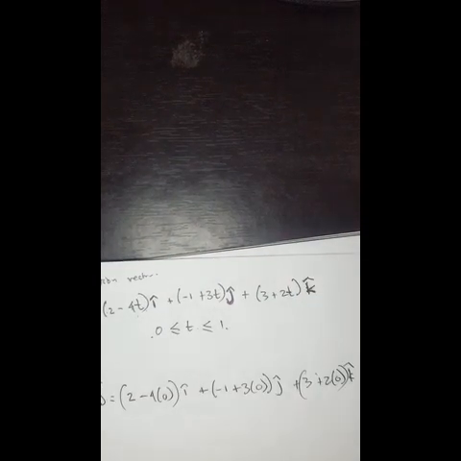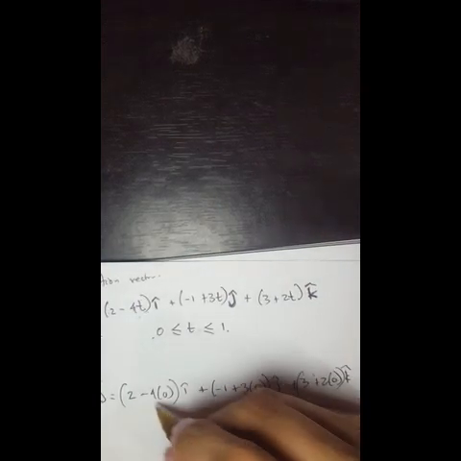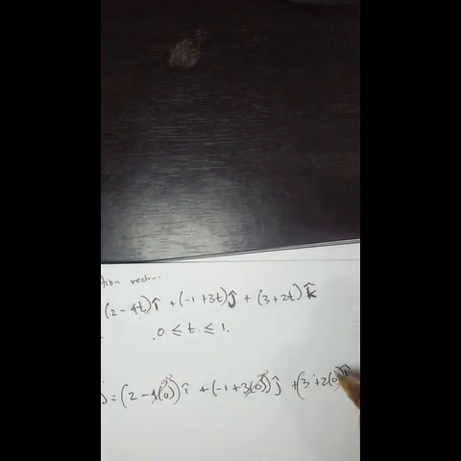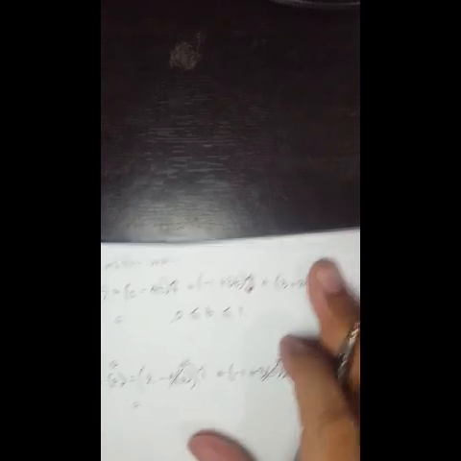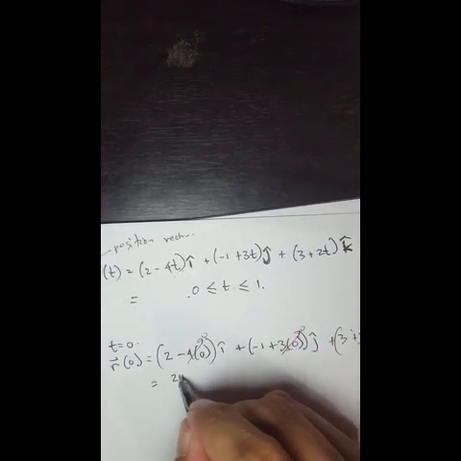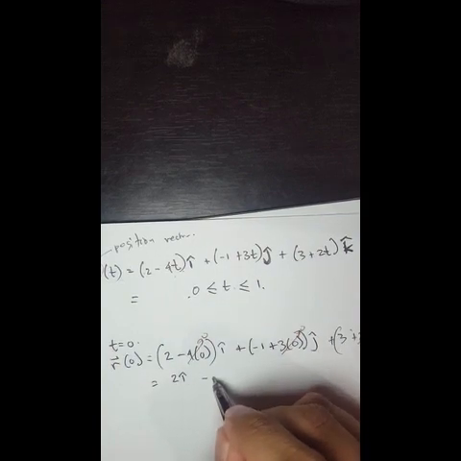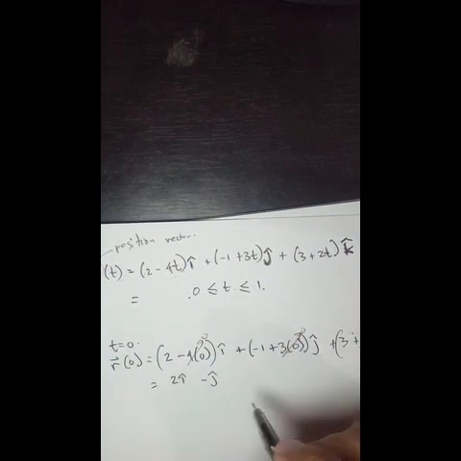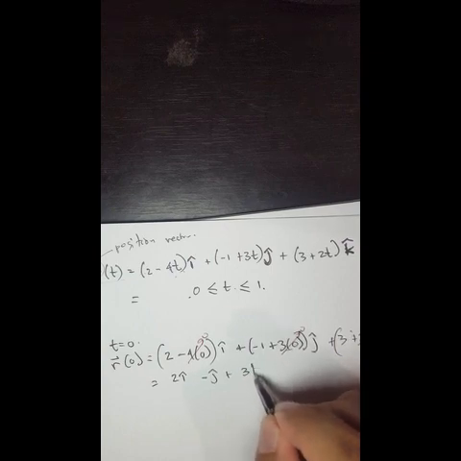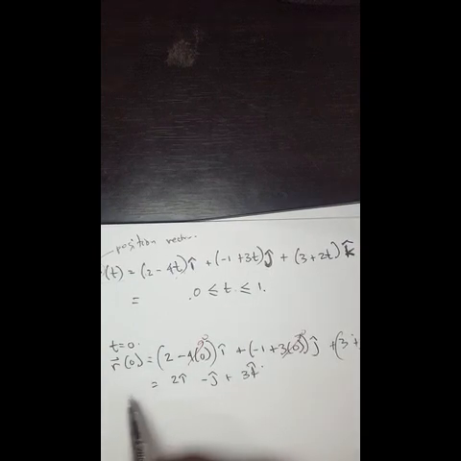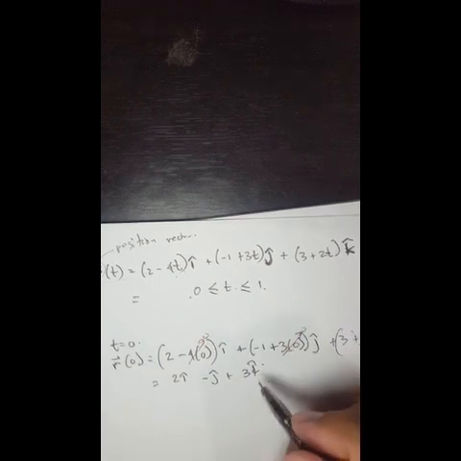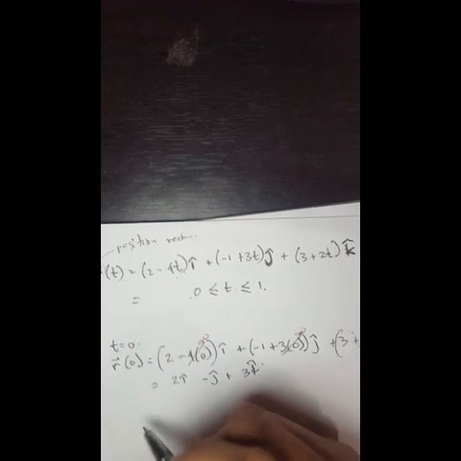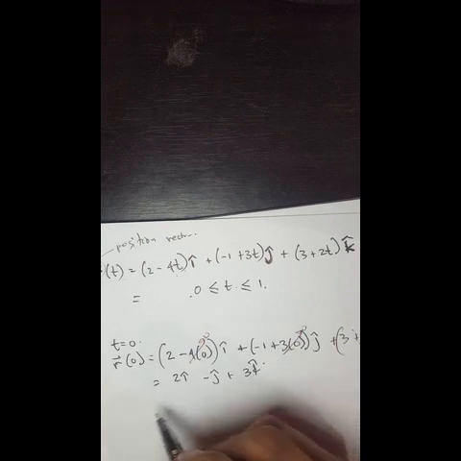Simplifying, the zero terms vanish and we get 2i minus 1j plus 3k. This is the position of the vector r at time 0, and later on we'll trace that.